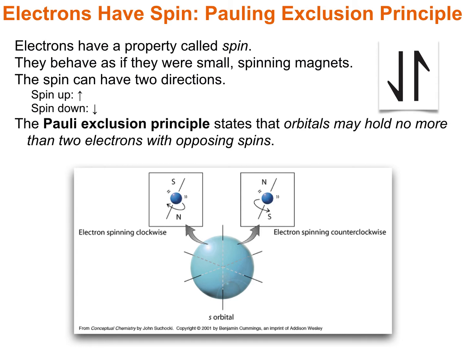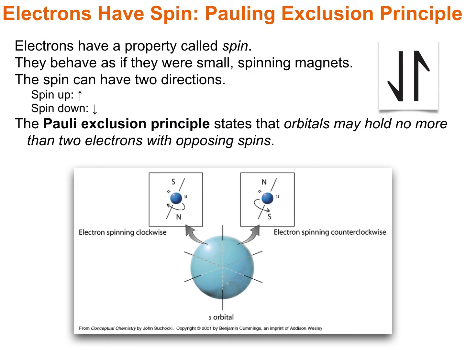The reason why we write it like this is because of the Pauli or Pauling exclusion principle. Same thing, Pauli or Pauling. Basically that states that orbitals may hold no more than 2 electrons. We already know this, but they may hold no more than 2 electrons, and the electrons must have opposite spins. That is essentially because electrons are negatively charged, and negatively charged particles repel each other.